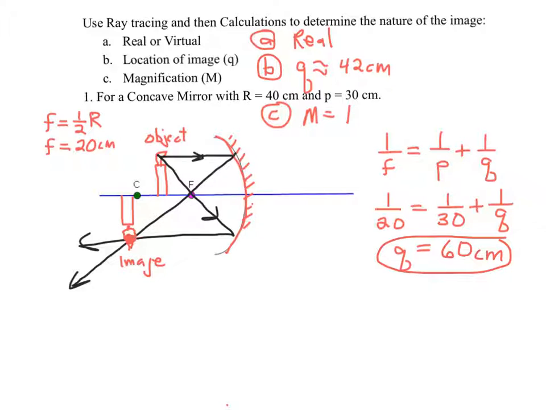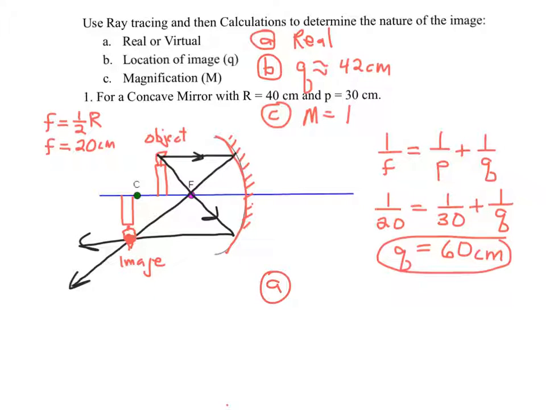But if you didn't have the diagram, and you still had to describe the nature of the image. So up here when it says describe the nature of the image means I want 3 things. I want these 3 things every time. I want you to tell me whether it's real or virtual. So let's say we didn't do the diagram yet. How can you tell simply by q equal to 60 that this is going to be a real image?